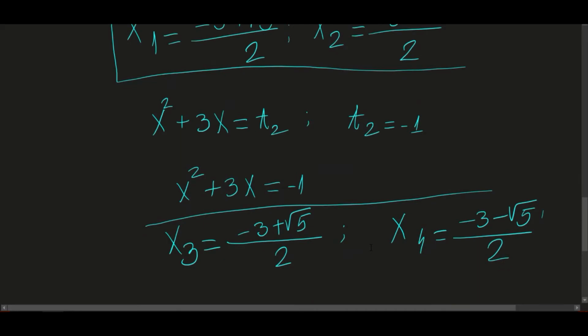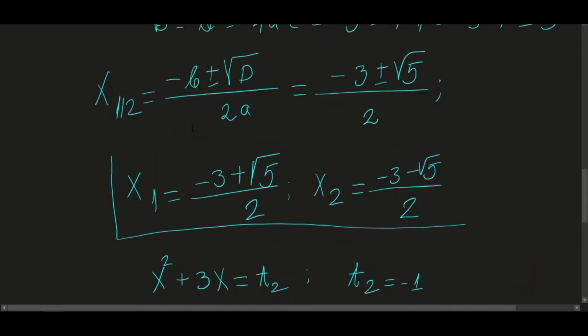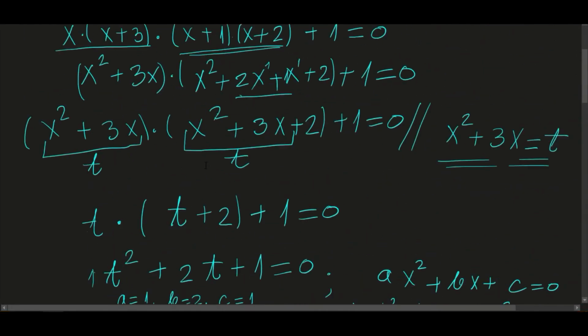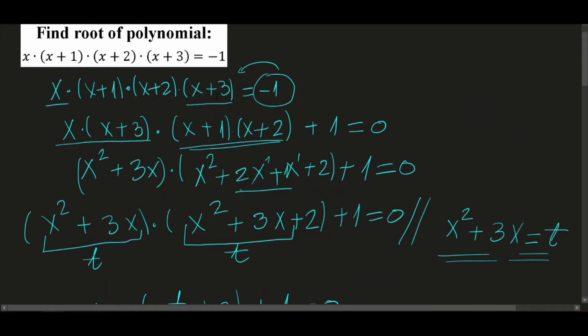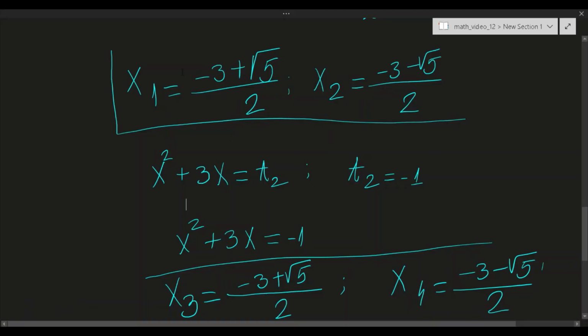If you want to verify that this is true, you can substitute these root values into this polynomial expression, and if it is equal to -1, it is true. We can verify that x1, x2, x3 and x4 are the roots.